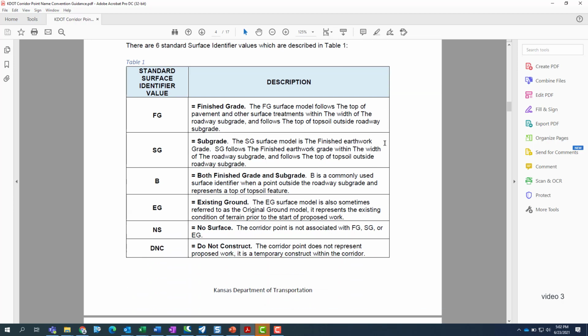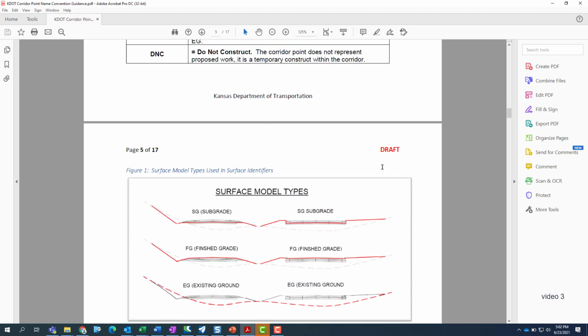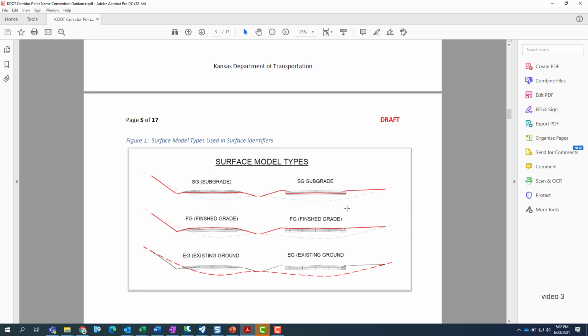And we have in figure 1 a diagram that depicts the different types of surface models that the identifier is working with. We have finished grade, which follows the top of pavement through the roadway subgrade, and it follows top of topsoil outside the roadway subgrade.